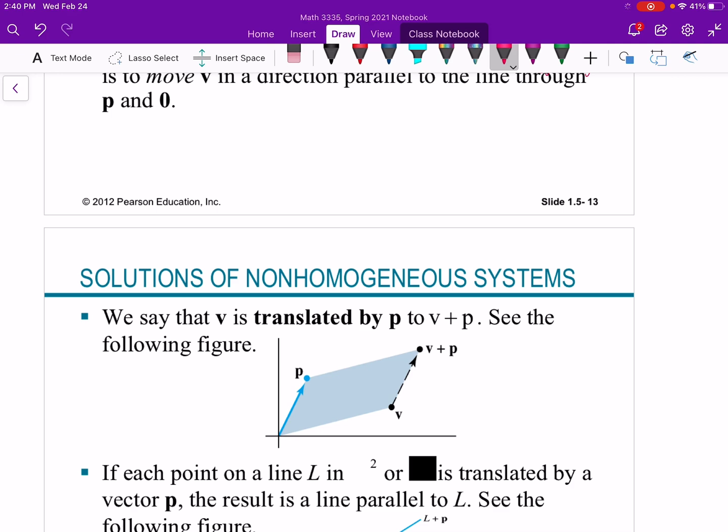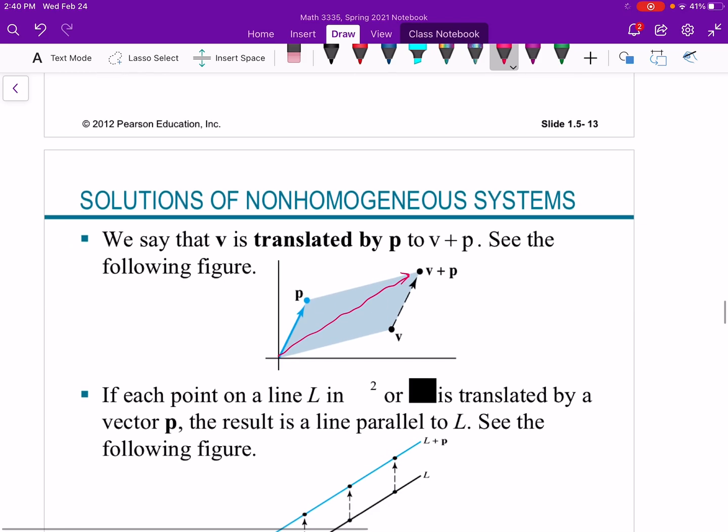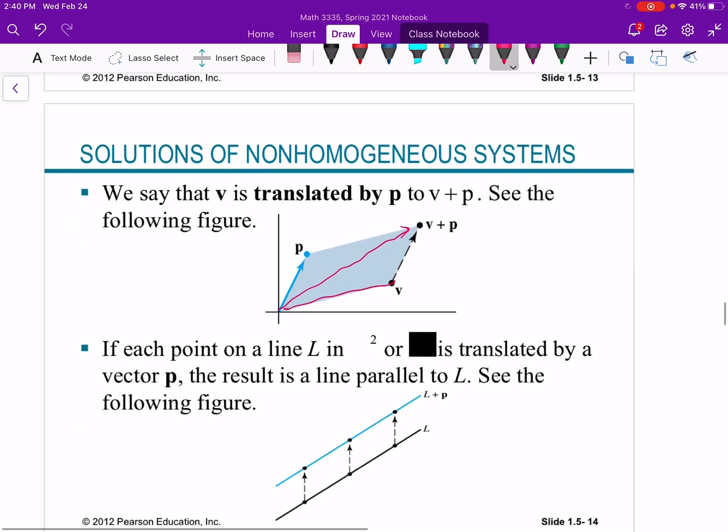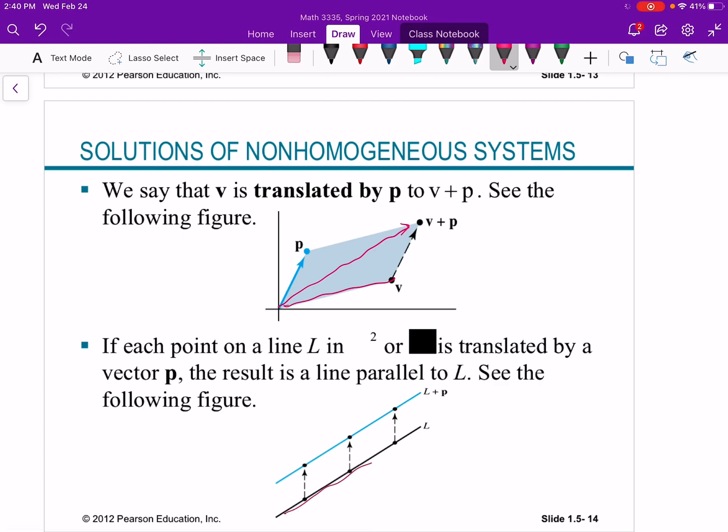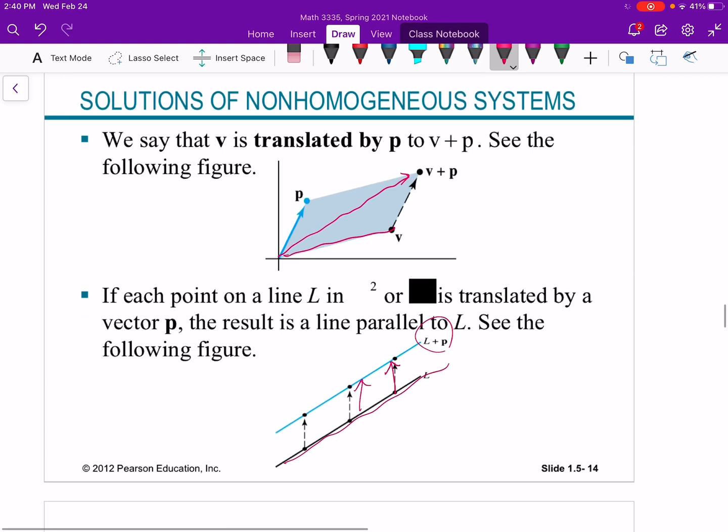If you have a v here, and p, this is tv plus p. What happened is the line equation you had before, by adding a p, simply lifted the line. You either lift the line up, or with a different b you might lower the line.